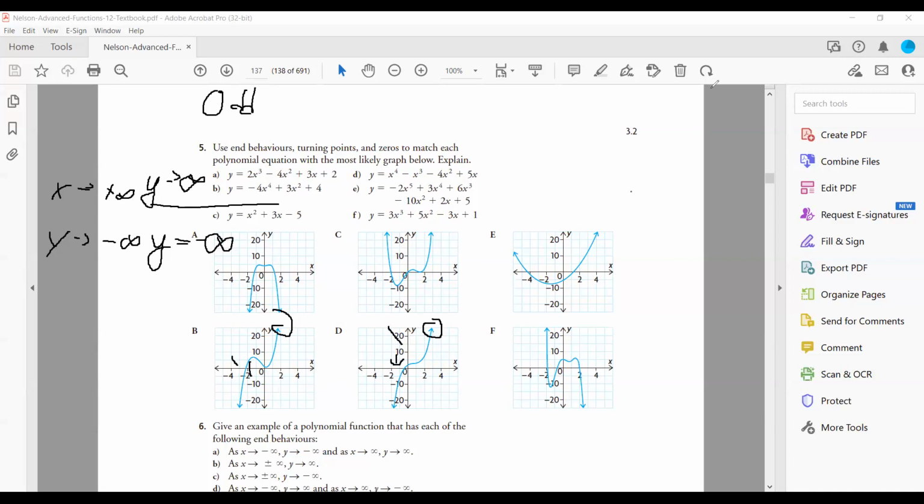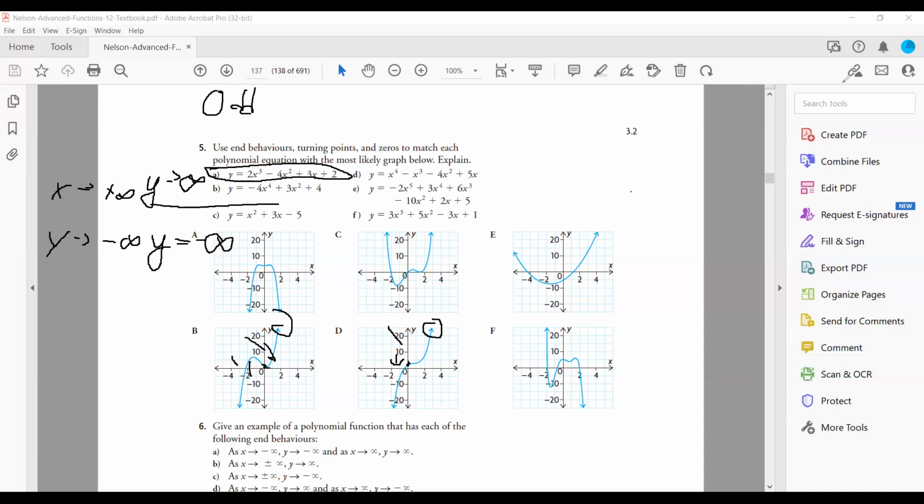Now let's talk about zeros, right? Because we have to know where this graph will cross the x-axis in order to say that this example A is a graph B or a graph D. We have to know where it crosses the x-axis, because you can see that example B crosses in one point, and example D crosses in the other point. So I suggest, you see, y-intercept wouldn't work when x equals 0, because on the graph we cannot really say where this point is.